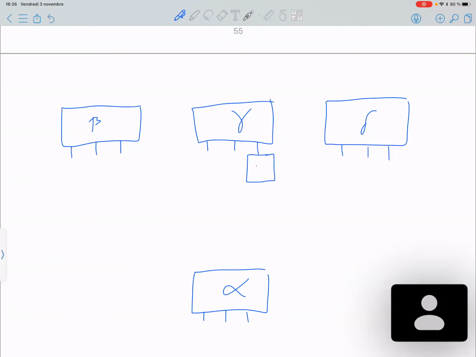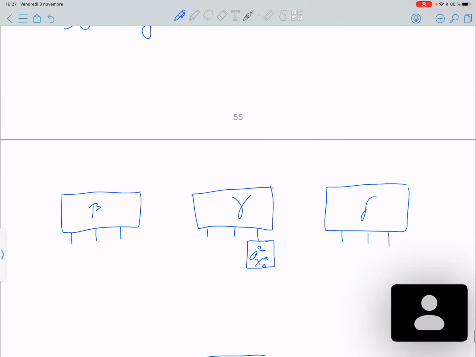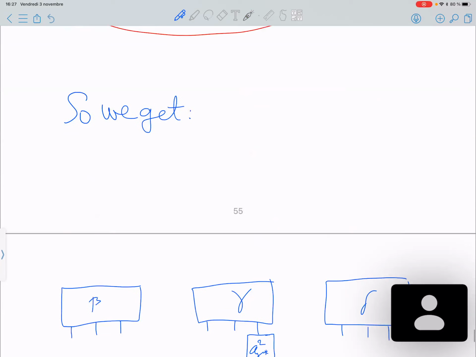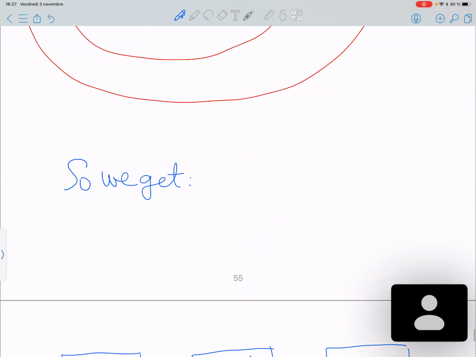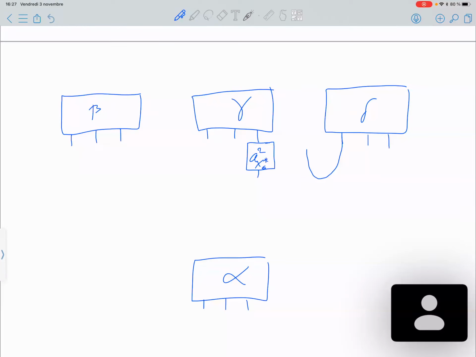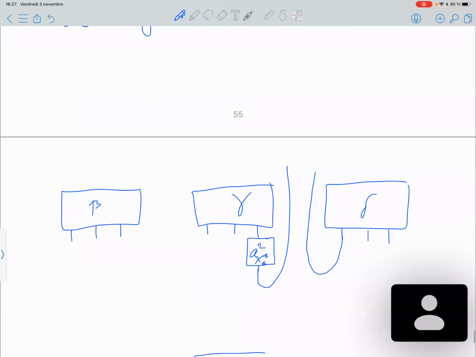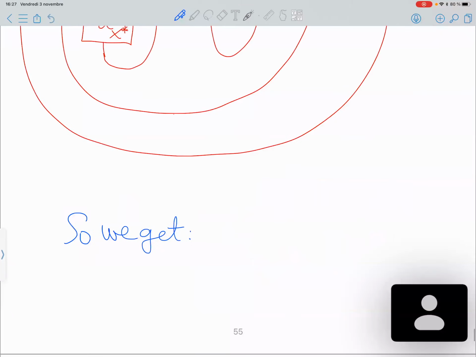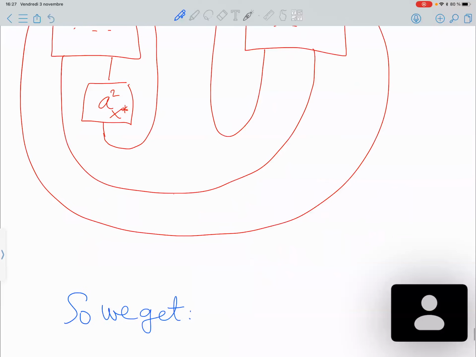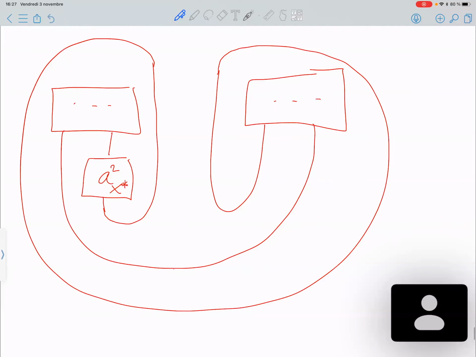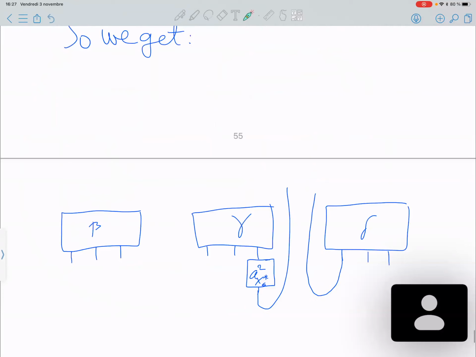So, A to X6 star. Then that should move up as we have in the lemma. And I may draw the rest now.